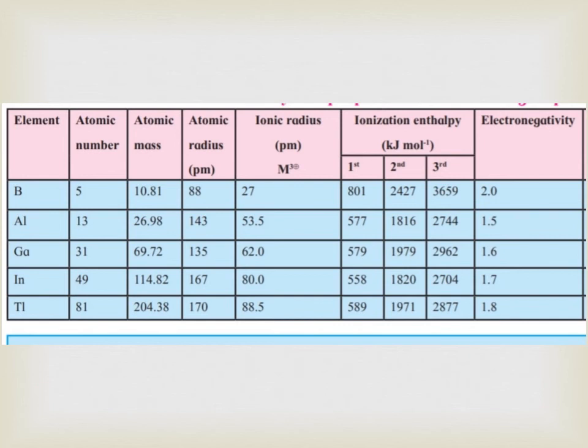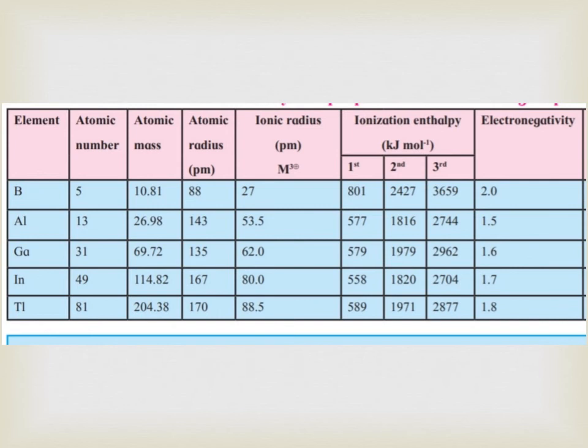But the second ionization enthalpy is more than the first because it involves the removal of an electron from a positively charged species, whereas the third ionization enthalpy is larger than the second because it involves the removal of an electron from a positively charged species with +2 charge. So students, you can see that the ionization enthalpy goes on increasing.